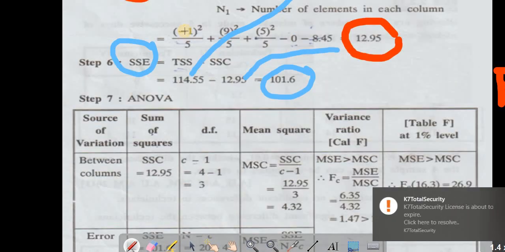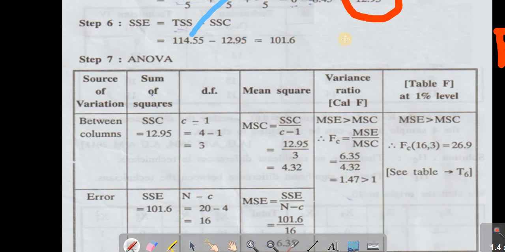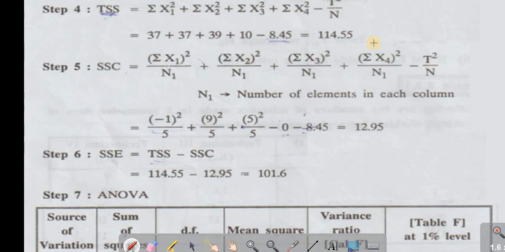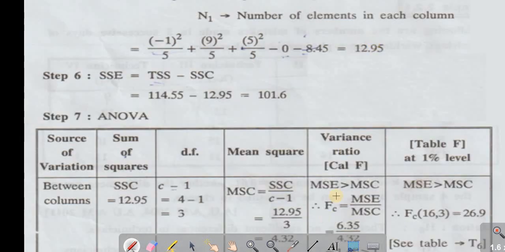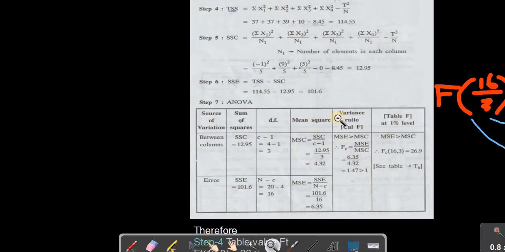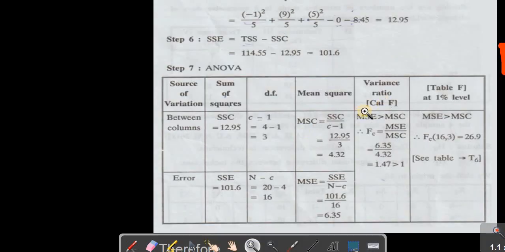We are substituting those values in this particular table. Yes, now we know this very clearly. This is the one-way ANOVA table.